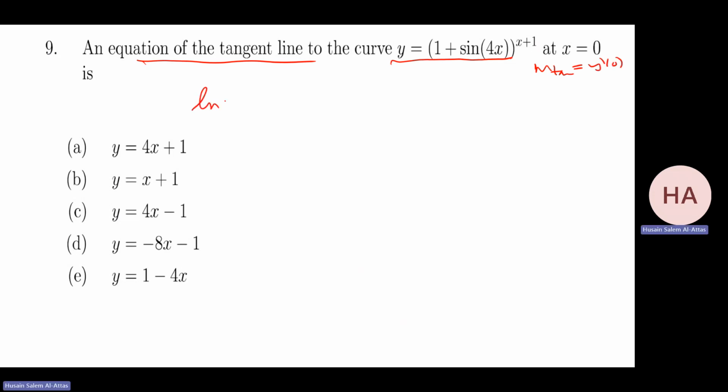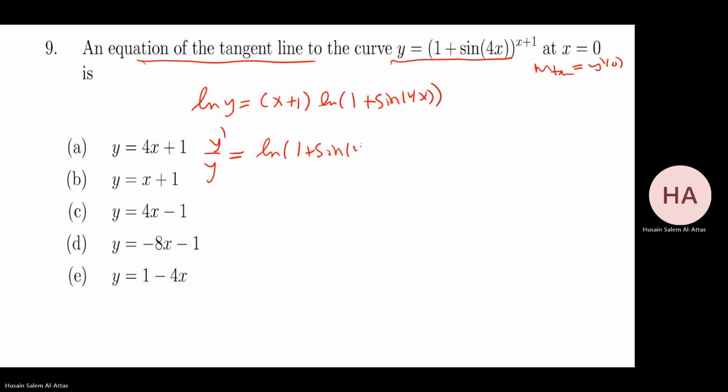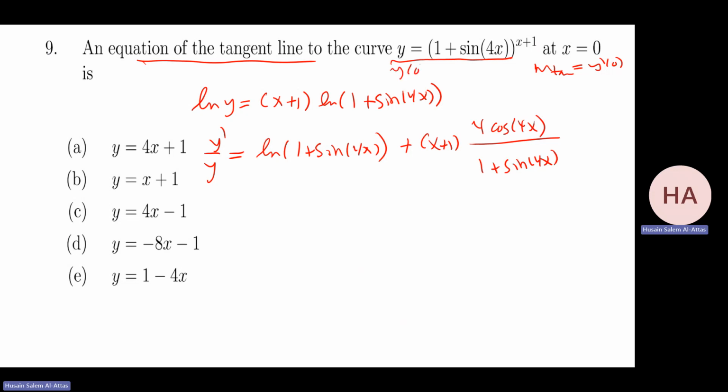So I take ln y equal x plus 1 ln of this, differentiate: y prime over y will be ln of this plus x plus 1 times sine 4x times 4 cosine 4x. I notice y at 0 will be 1 to the power 1, which is 1.